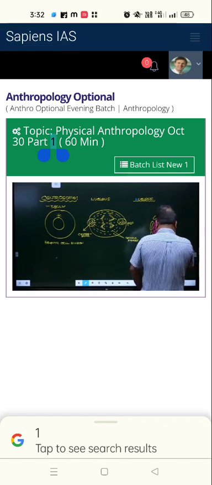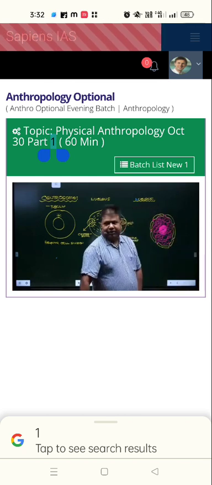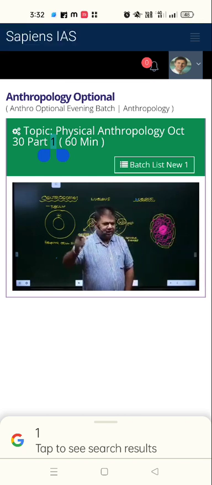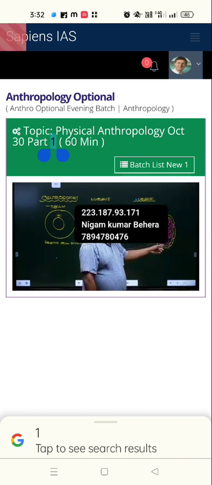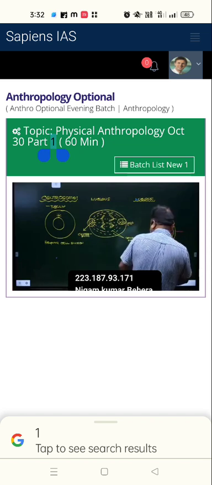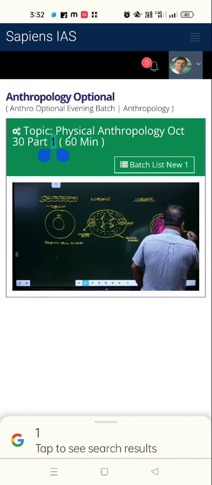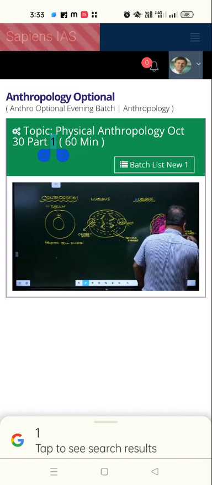It is not a wide open channel. There will be some structure. If it were a wide open pore, then anything could come out, anything could go out. So this membrane is a double membrane structure. This is the outer membrane, this is the inner membrane.